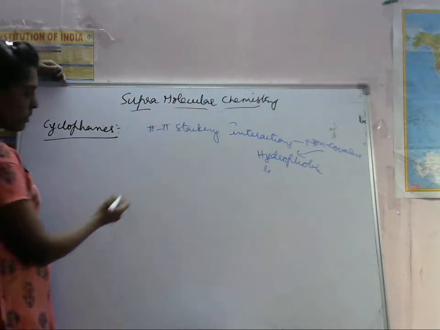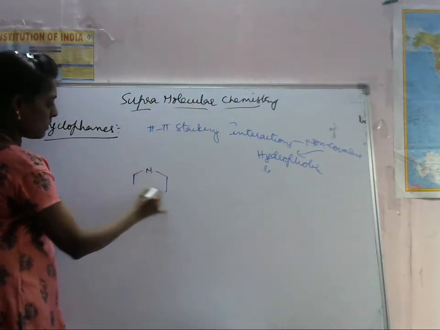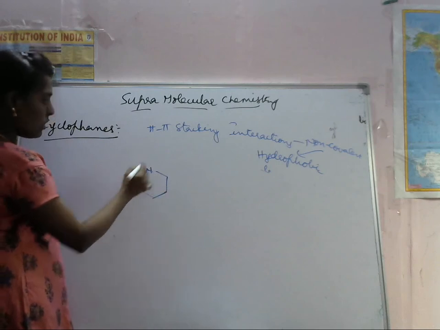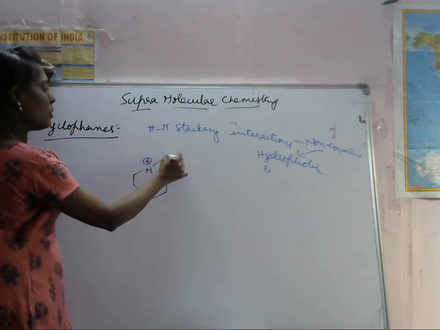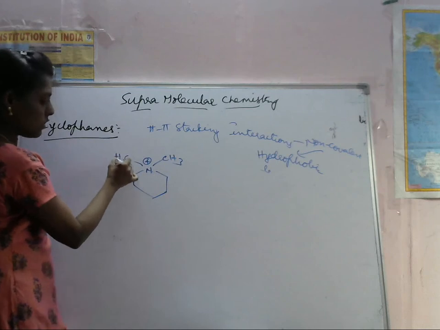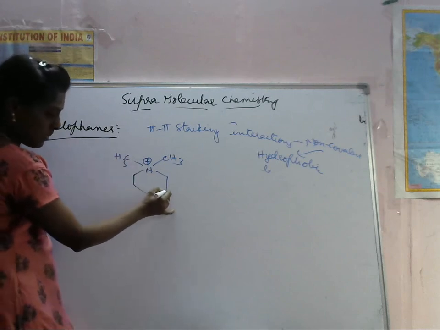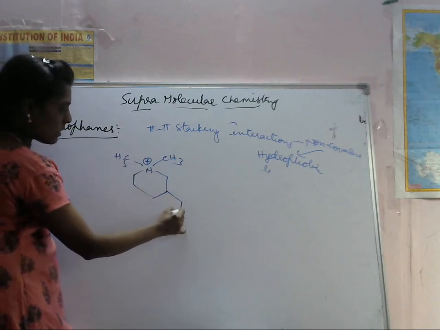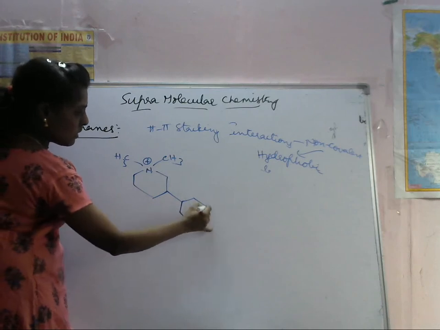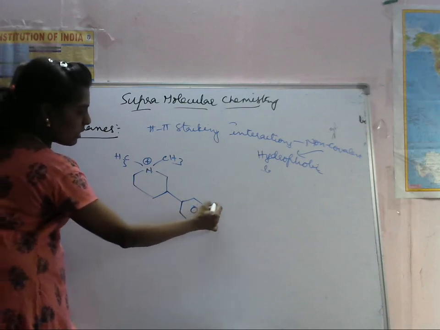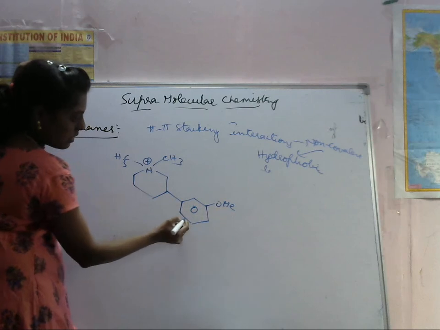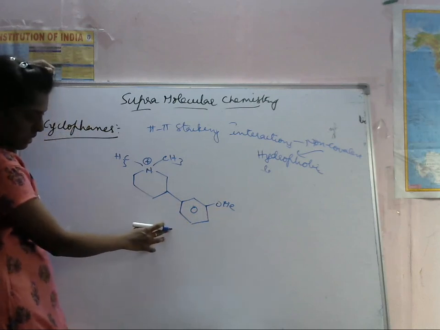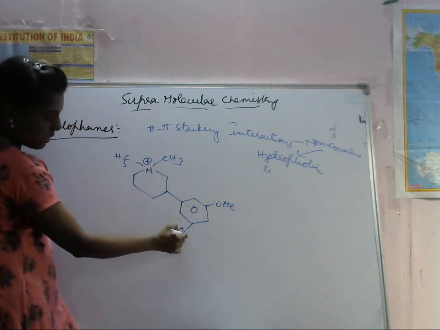This is the one which is having 2 methyl groups and a positive charge. Here an OMe group is there, and here an OMe group is there.